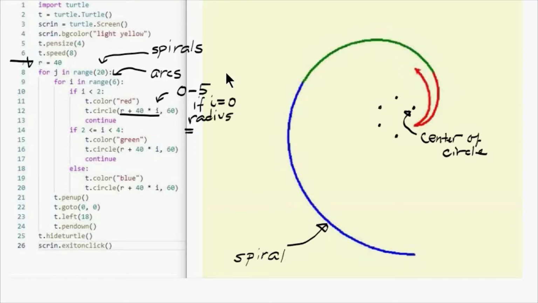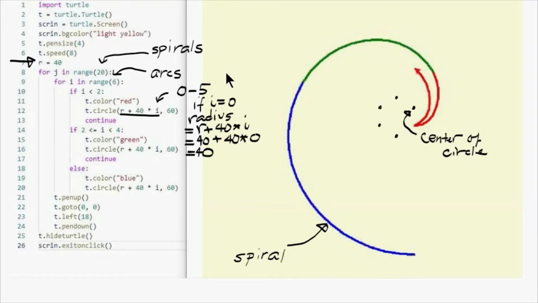R is equal to 40. I'm going to write here the notation r plus 40 times i. The value of r again is 40. And then we add the 40 that is multiplied by i, initially 0. So the first radius is 40.